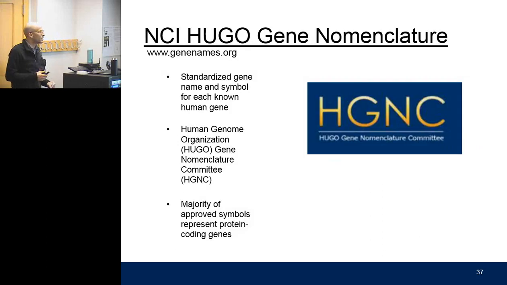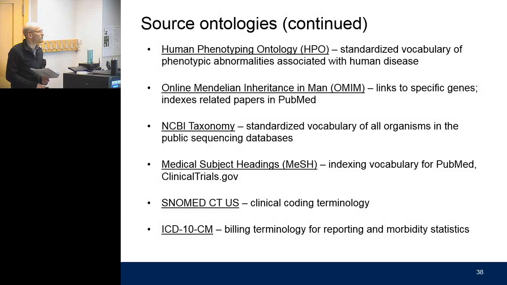The NCI HUGO gene nomenclature is an ontology that includes a standardized gene name and symbol for every known human gene. It is organized by the HGNC, or the Gene Nomenclature Committee. And we have several others here. I won't go through the whole laundry list, but Human Phenotype Ontology is a vocabulary of phenotypic abnormalities.